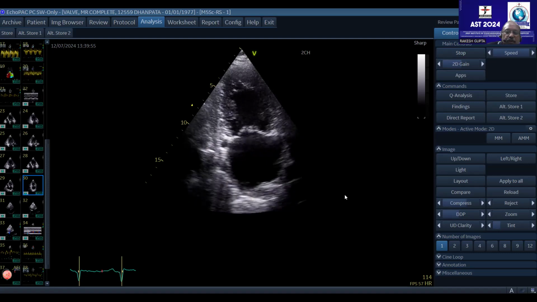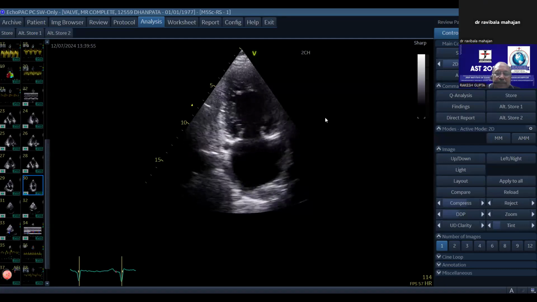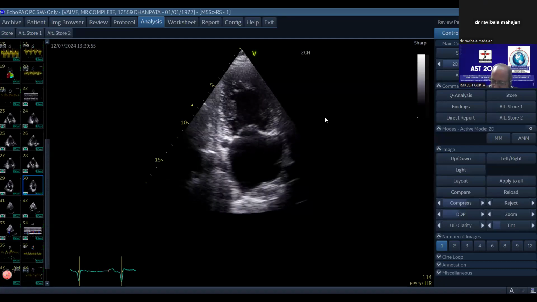All right. So anybody else with a question about MR? Sir, how to adjust the Nyquist limits, sir? There's a button on your machine to adjust your Nyquist limits, on top of the machine, which moves up and down. Which machine are you using? Sir, GE.